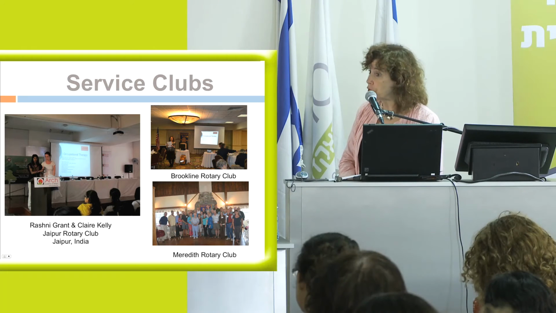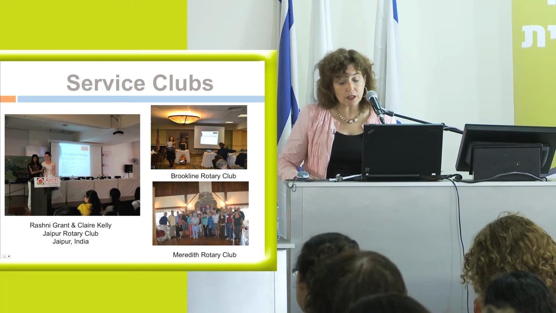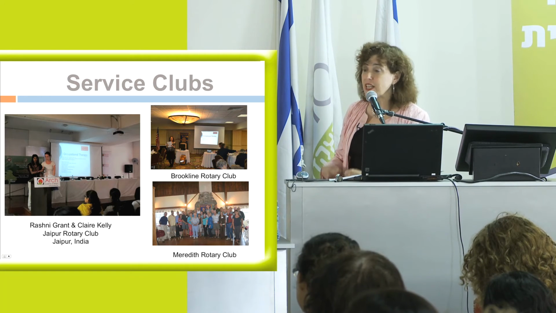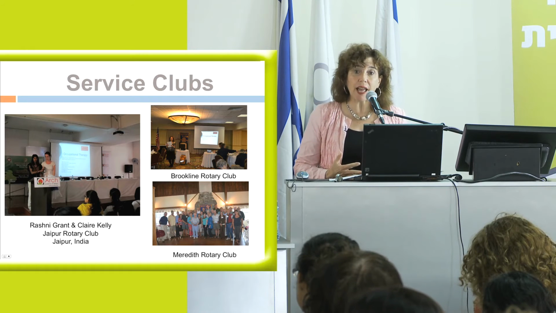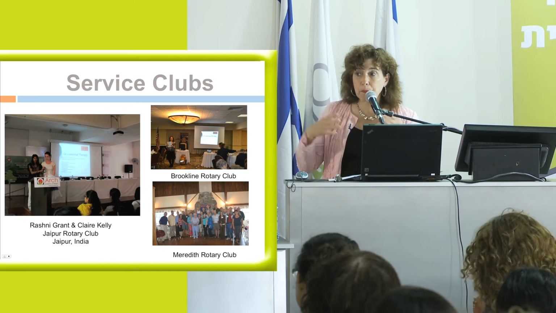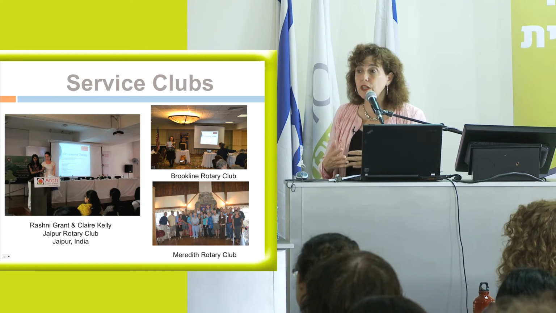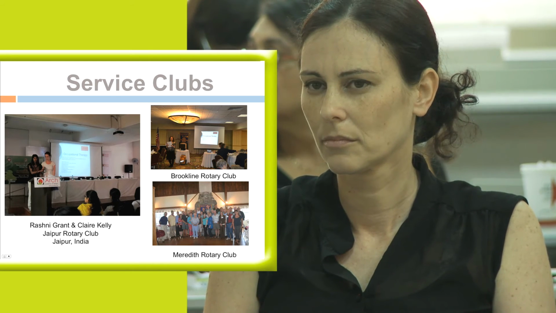We have 1.2 million Rotarians in 166 countries, including Israel. Rotarians do something called service above self. We volunteer our time, we help with community activities, we help in global activities. We're the service club that's helping to eradicate polio. That's one of our niches.